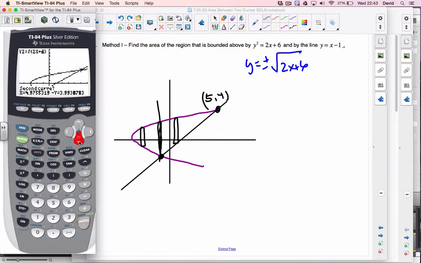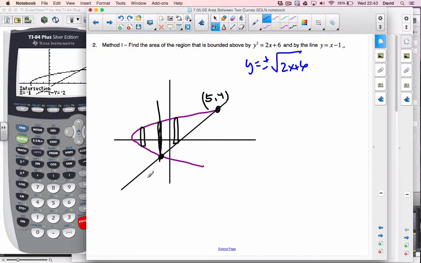Here's the first curve. Find the second curve. I want it to be the other function, this one here, my second curve. I'm looking for my answer, and this one here is -1, -2.